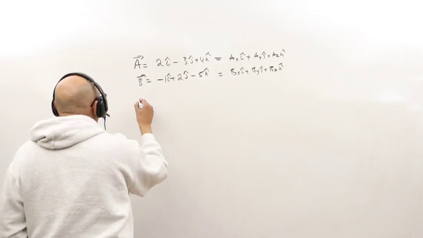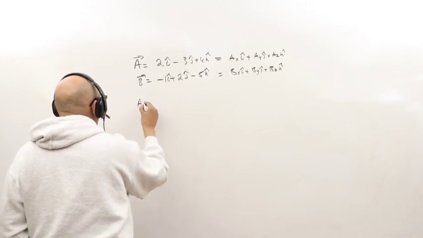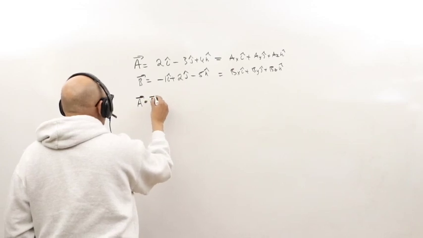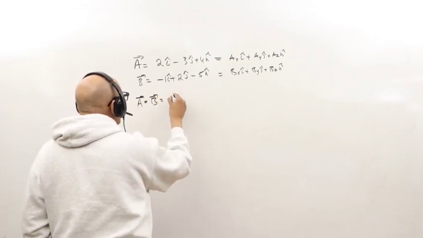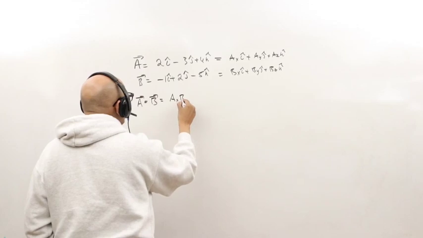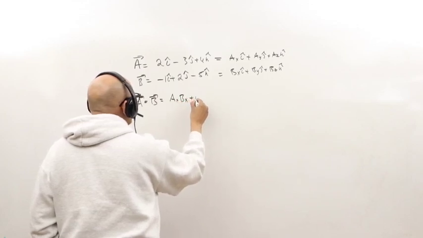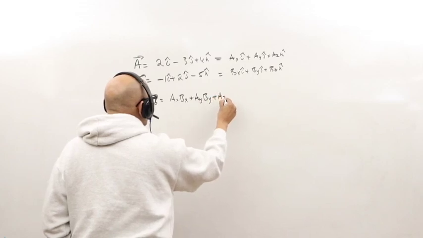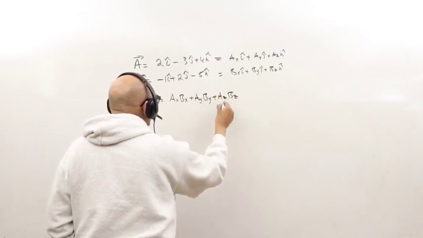We know the dot product of two vectors is given two ways of doing it. So A dot B is given by AX BX plus AY BY plus AZ BZ.